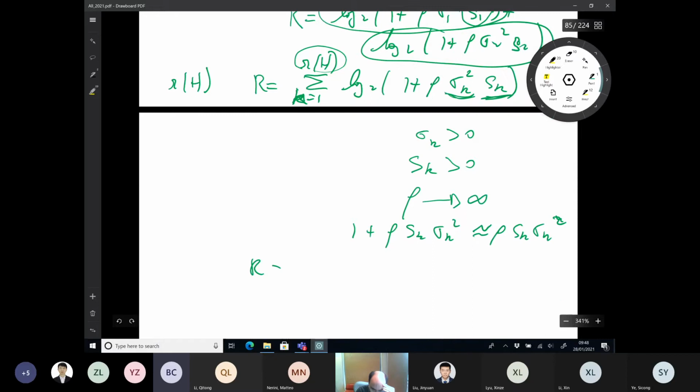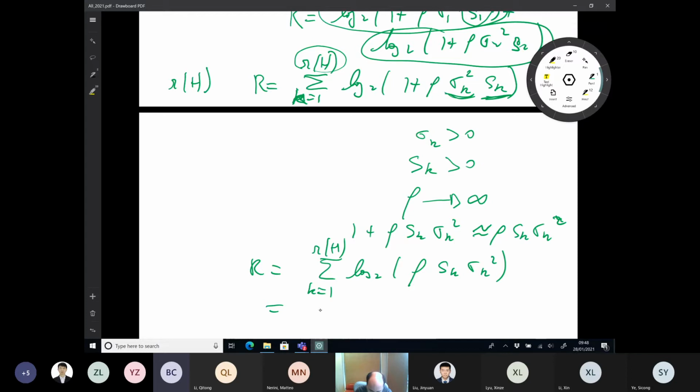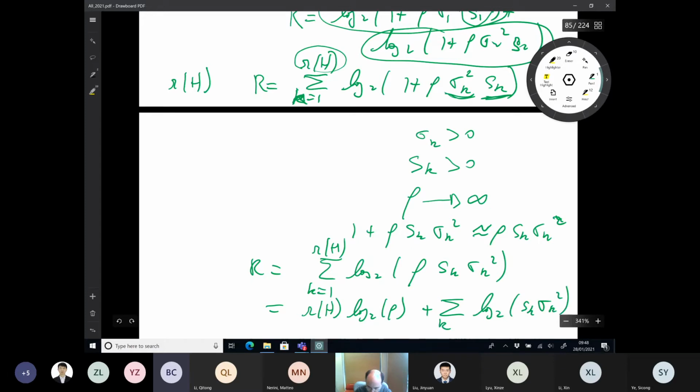So I'm going to have the rate now as a sum of log 2 of rho Sk sigma k squared, k from 1 to the rank of H. So I'm going to have here rank H multiplied by log 2 rho plus a sum over k of log 2 Sk sigma k squared.